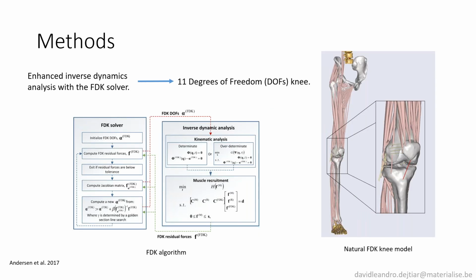Then, all that is left is to solve the force-dependent kinematic analysis. Explained briefly, in this force-dependent kinematic knee joint model, we remove the existing revolute joint, so this idealized 1 degree of freedom joint, and replace it with 11 degrees of freedom, which correspond to 6 degrees of freedom in the knee, where we only drive the knee flexion angle from the previous kinematic optimization, and 5 for the patella, as the patella tendon was modeled as rigid.